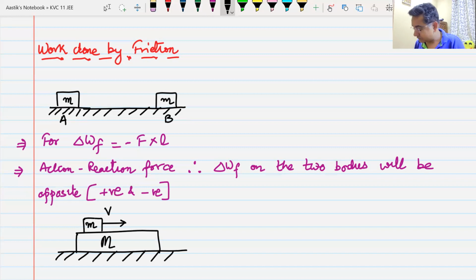Now see, what will be the direction of frictional force on the top body, which is kept on top? What will be the direction of frictional force on that body, and what will be the work done? Will it be positive or will it be negative? Waiting for your answers. What will be the direction of friction on the top body?